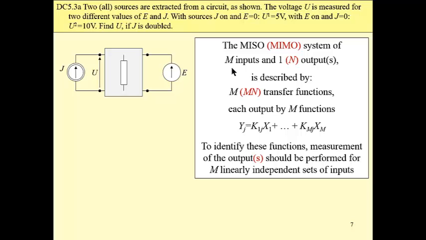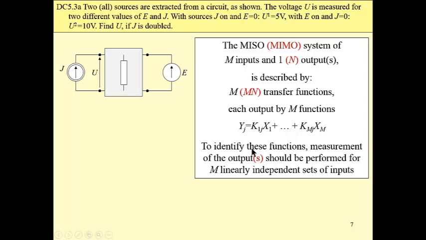In general, if we have a multiple input, single output system, or eventually multiple input, multiple output system, which means we have m inputs, m sources, and one or n outputs, this system is described by m in case of single output, or mn transfer functions.